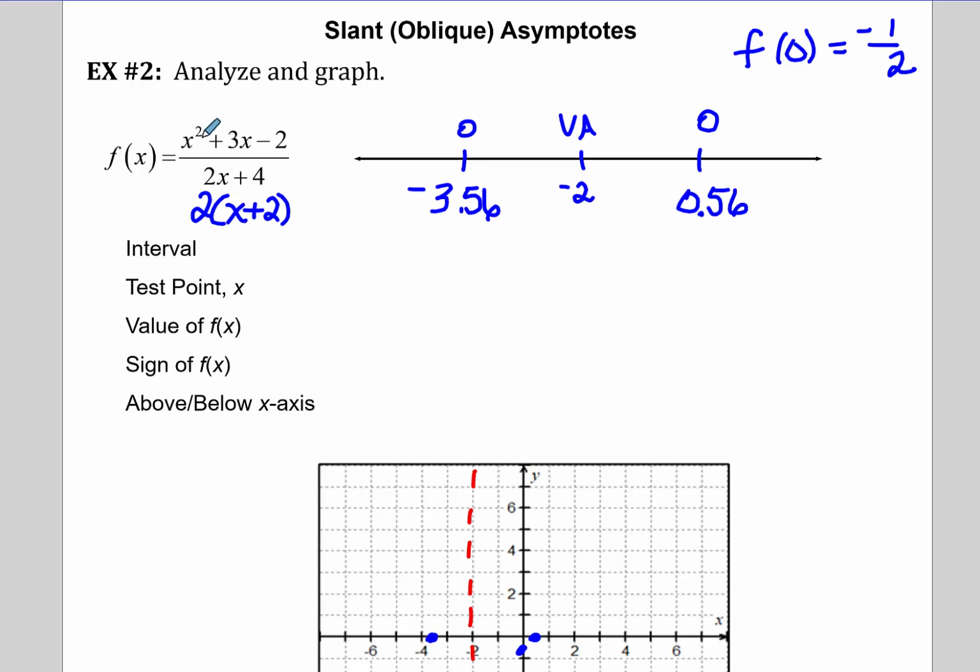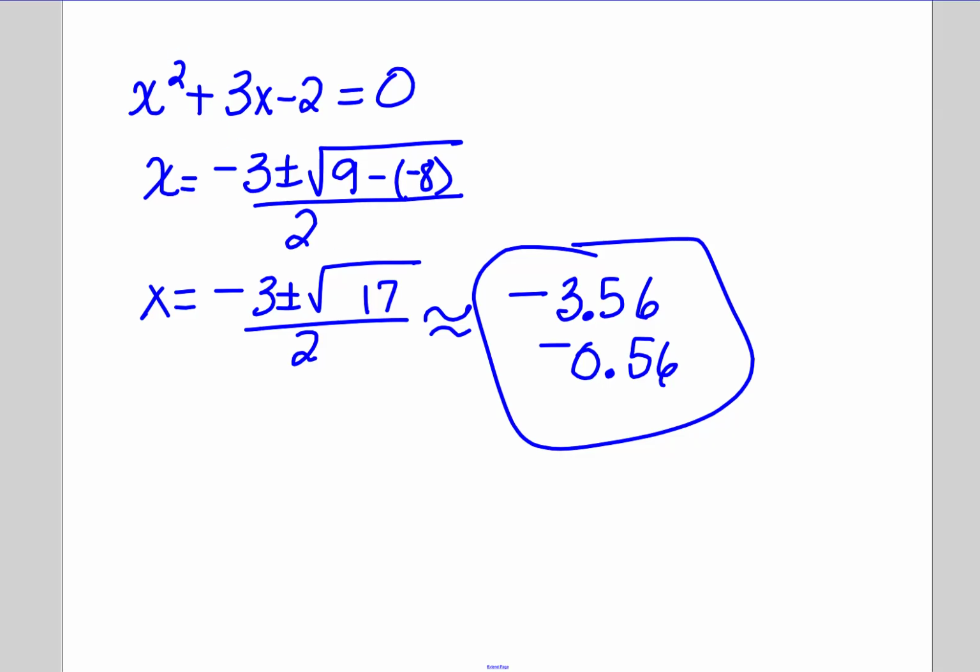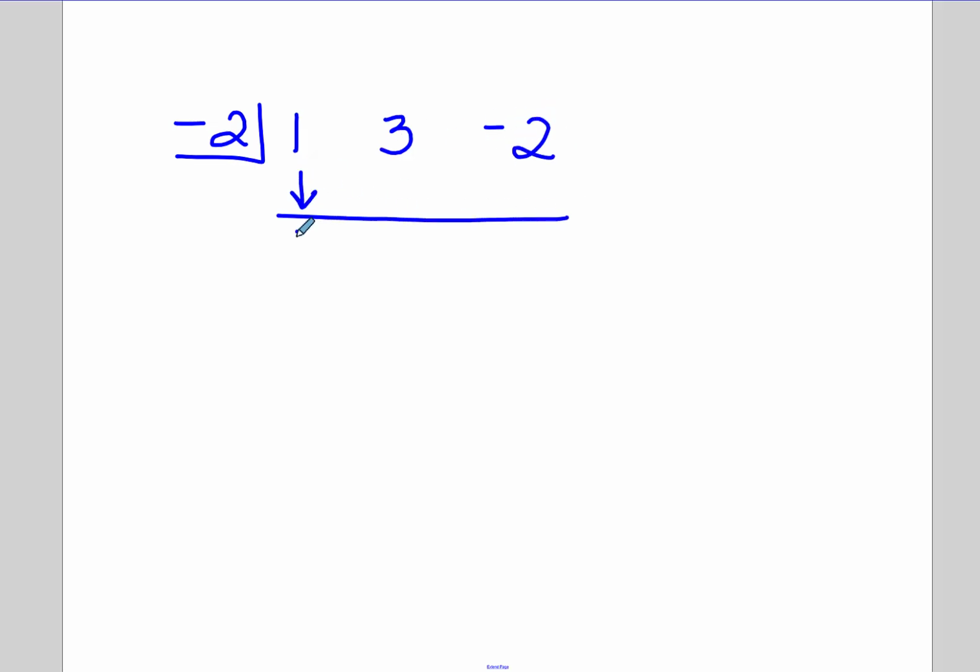Now another thing I notice is we have the power in the numerator 1 degree larger than the power in the denominator. That tells me we want to use synthetic division. It'll have a slant asymptote. So the vertical break was at negative 2, and it was x squared plus 3x minus 2 using synthetic division.